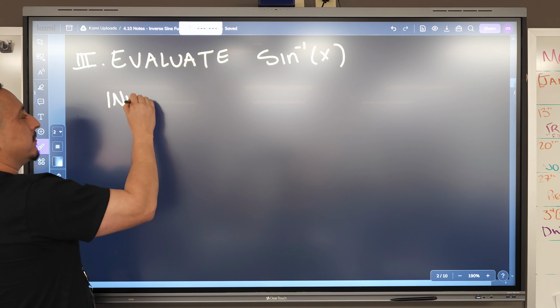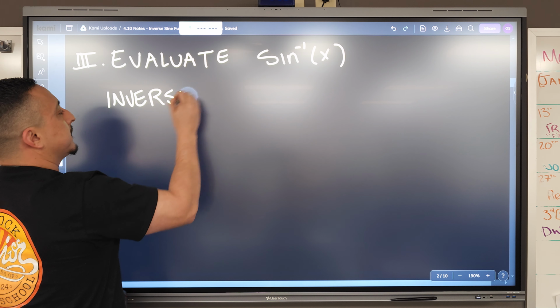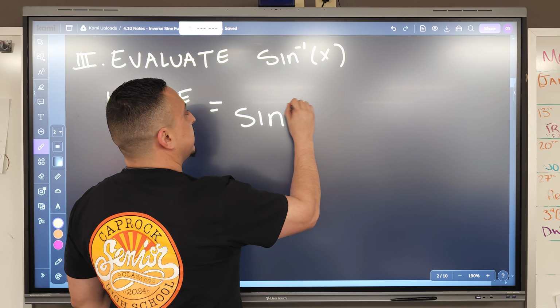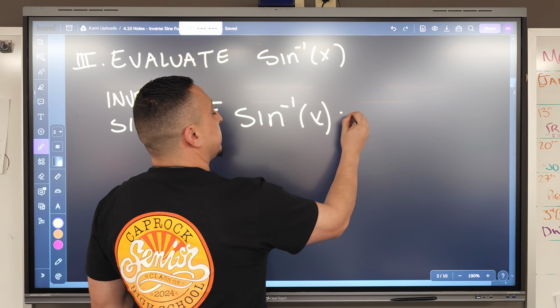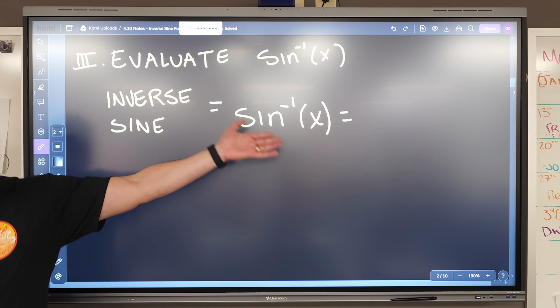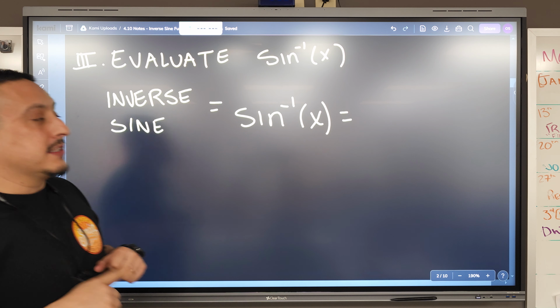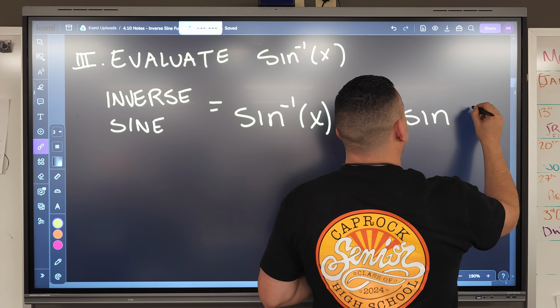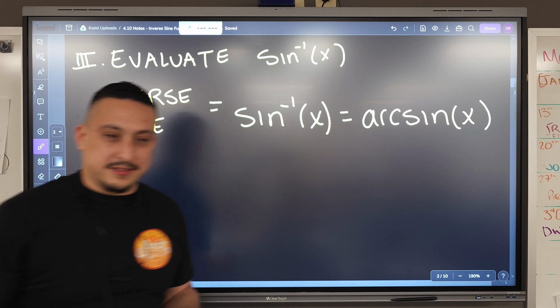First off, inverse sine, inverse, is the same as this. Okay, that's the same thing, exactly the same thing. And it's also the same as this: arc sine.